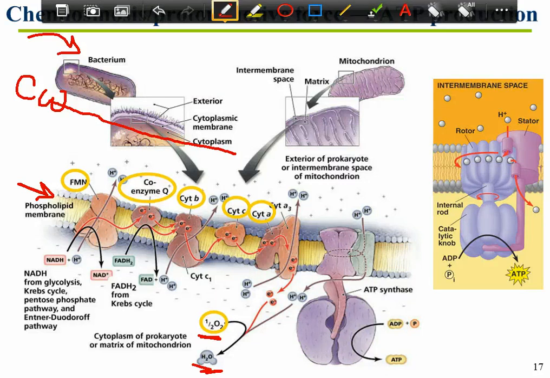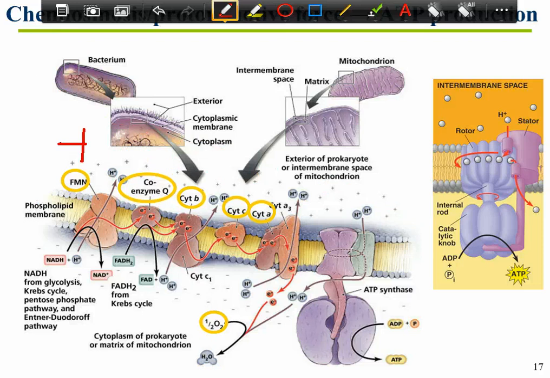All right, now look at these plus icons. These represent hydrogens. You can see some hydrogens out there. They end up going out into that space. And that creates a huge surplus of A, hydrogens, and B, positive charges. So what we have here is an electrical gradient because there are now more positives out here.